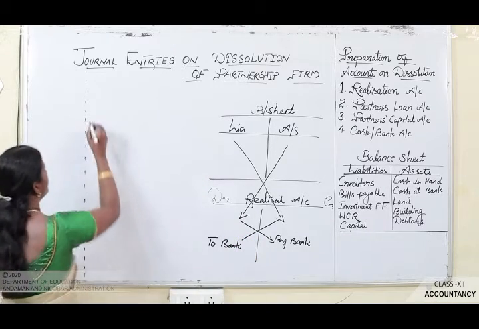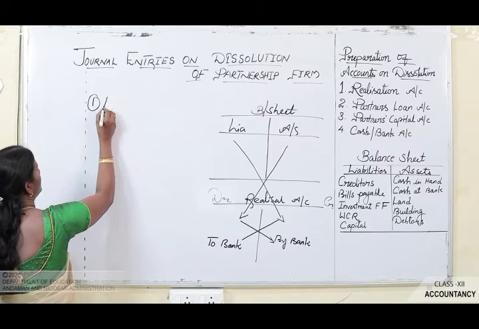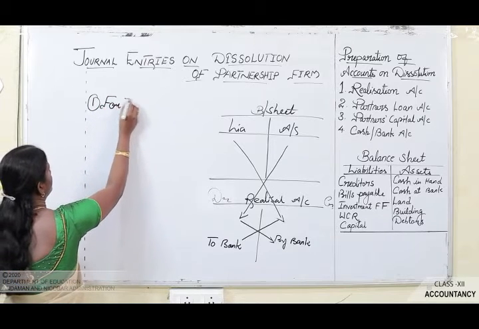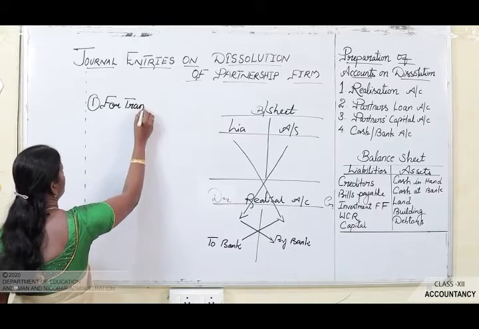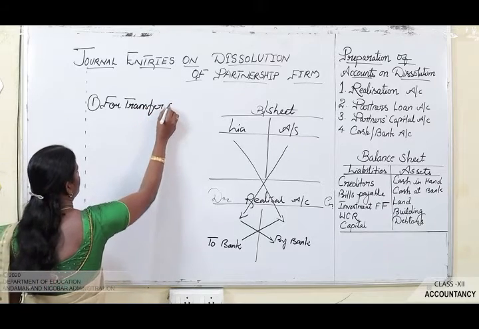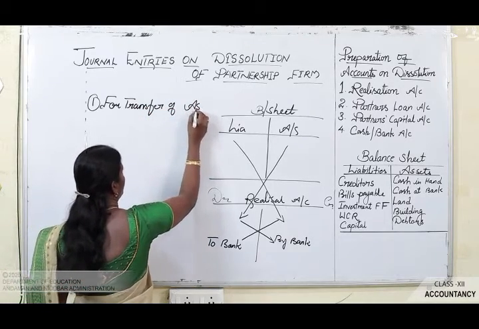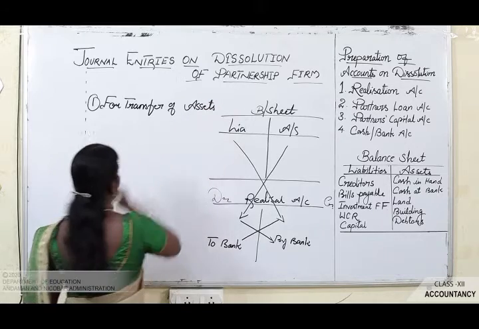Okay, let's start with the first journal entry, for transfer of assets.